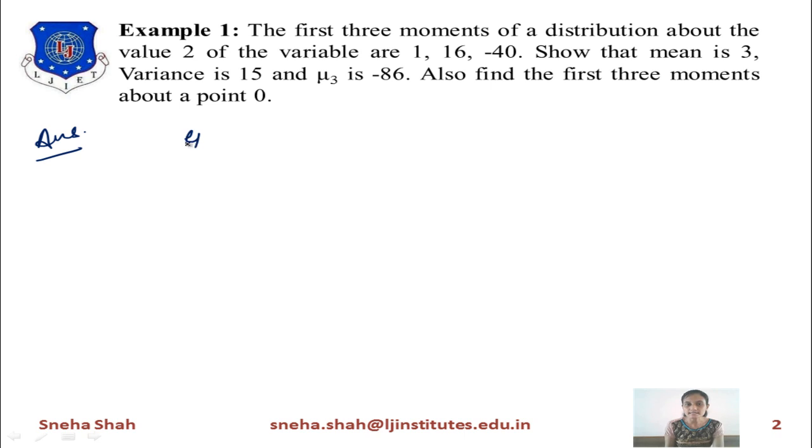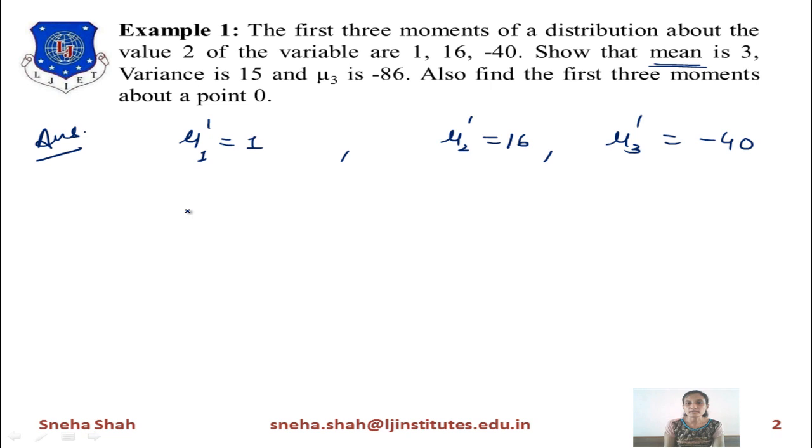So we will take these three terms as mu1 dash, mu2 dash and mu3 dash. The value of mu1 dash equals 1, mu2 dash equals 16 and mu3 dash equals minus 40. Now from this, first of all you have to show that the value of mean equals 3.